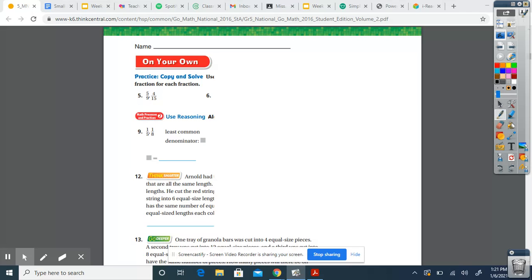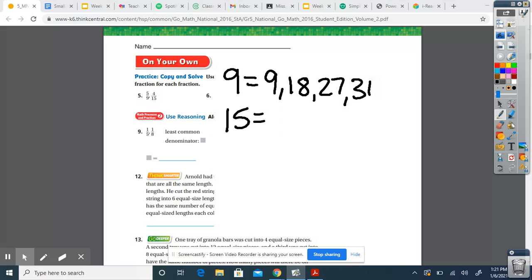All right, so for number 5, we have 5/9 and 4/15. So we need to list the multiples for 9 and list the multiples for 15. So let's start with 9. So all we're doing is skip counting. 9, 18, 27, 36, 45, and we can stop there.